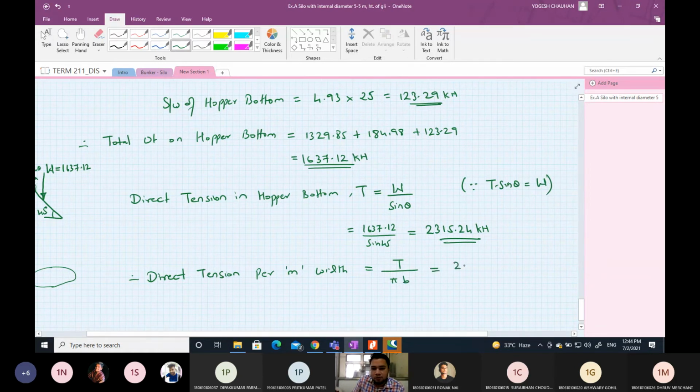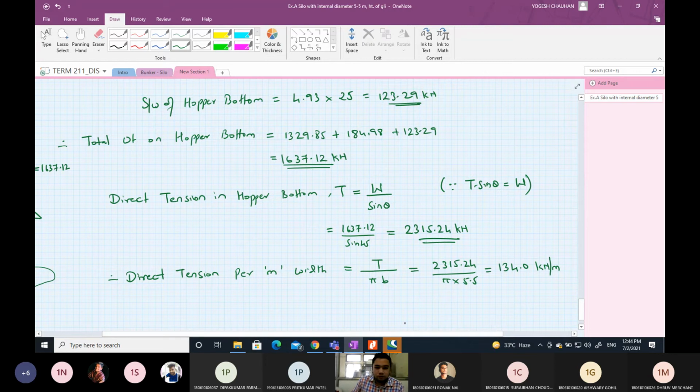That will be 2315.24 divided by pi into 5.5. So this will give you 134 kilonewton per meter.